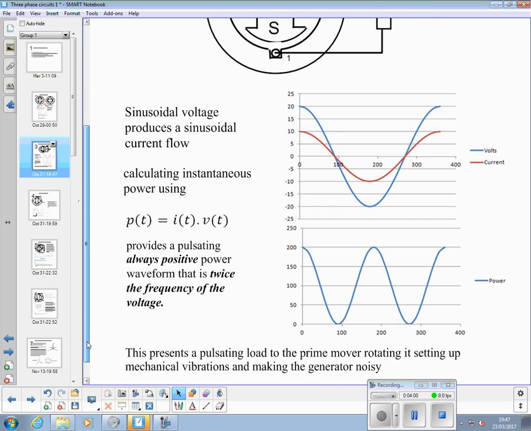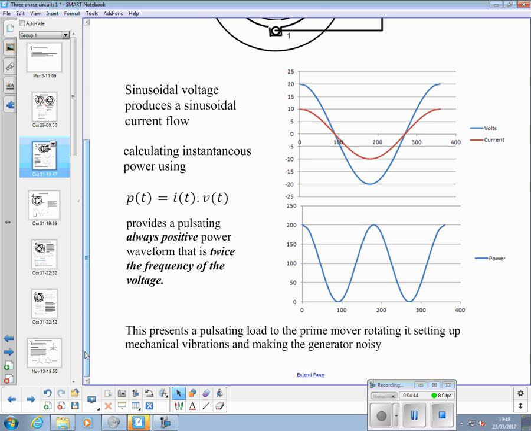So if we know those instantaneous currents, with that is a pulsating load to the prime mover that is rotating it.